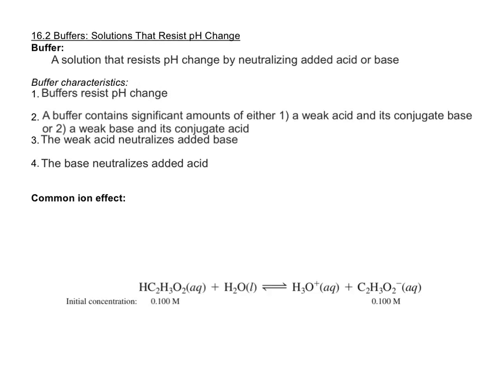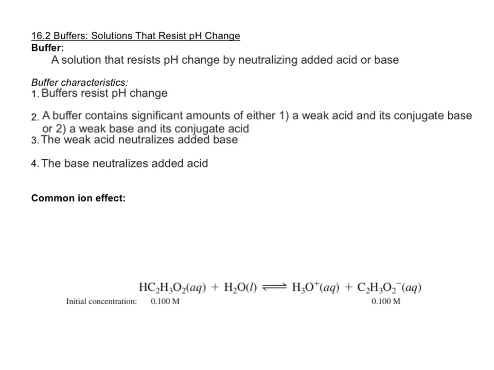Okay, so the reason this works is because of something called the common ion effect. So if we have the balanced equation that I've put in here, this is acetic acid reacting with water to make H3O plus and an acetate ion. So in the calculations we've done thus far, we've just added a certain amount of acid, and then we've calculated what the pH is, right?